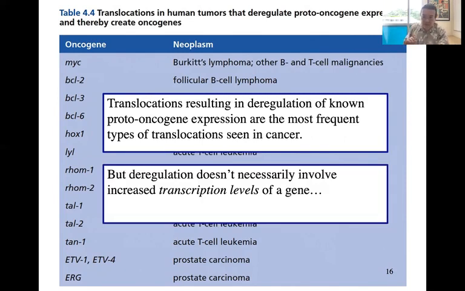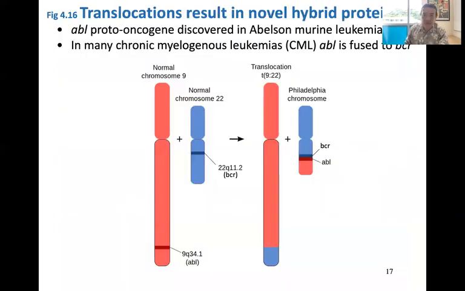So deregulation doesn't necessarily involve increased transcription levels of a gene. There are other ways that you can have funny translocation events that alter regulation. A very interesting one is what we call the BCR-ABL translocation.